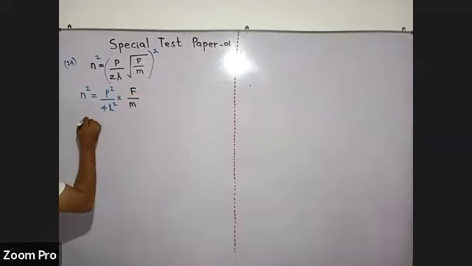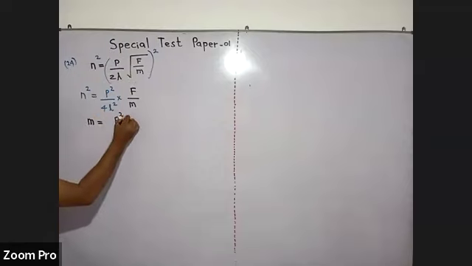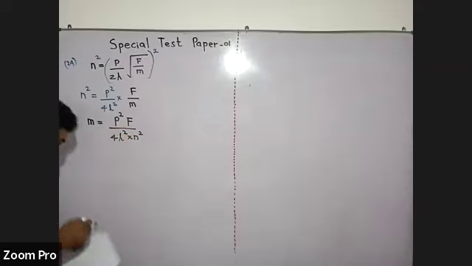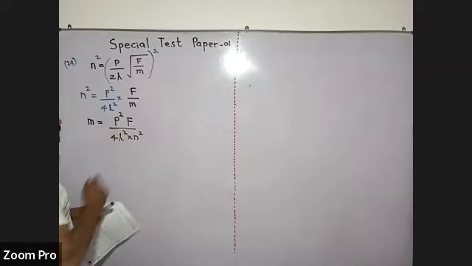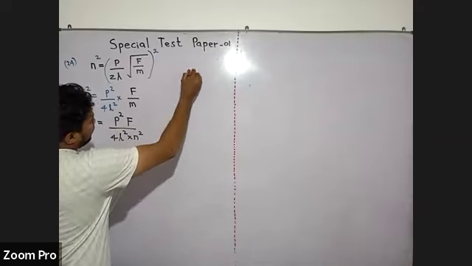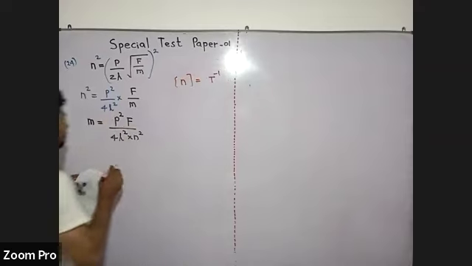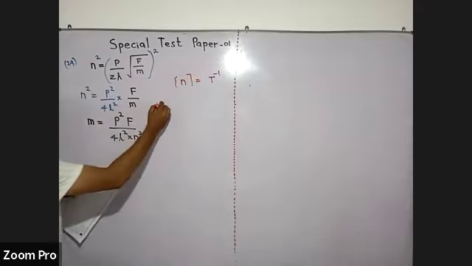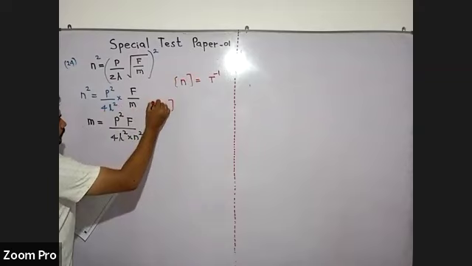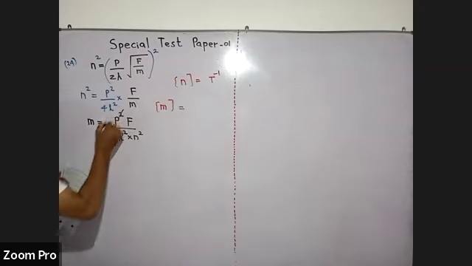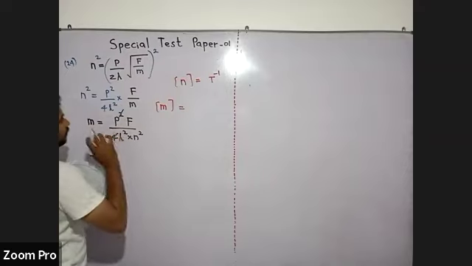Then M equals p squared F over 4 l squared n squared, right? You know that the dimension of frequency is T minus 1, right? When obtaining the dimensions of M, you can neglect p squared and 4 because they are numerical values.